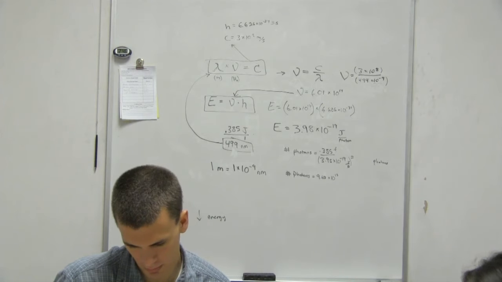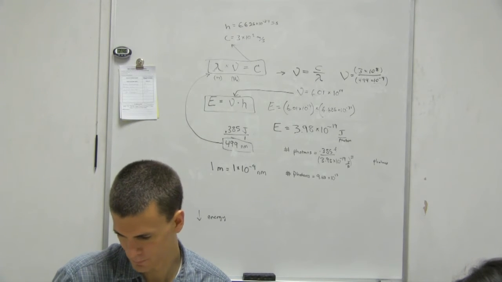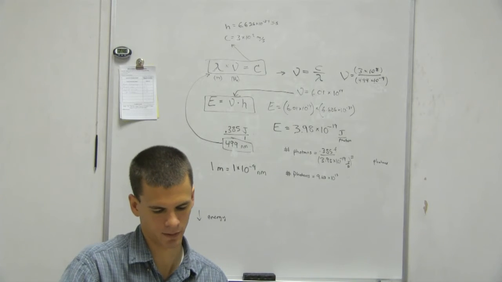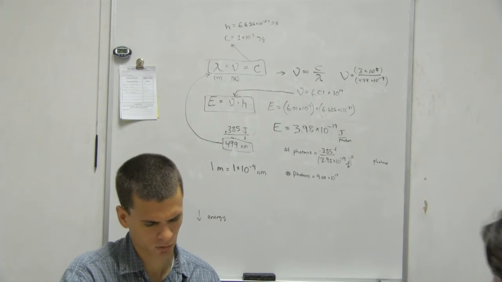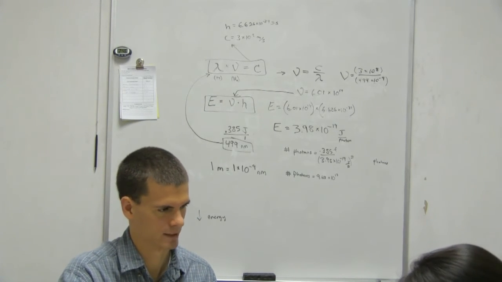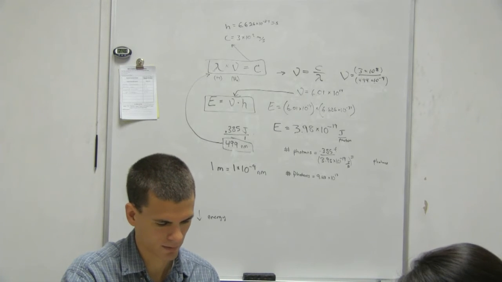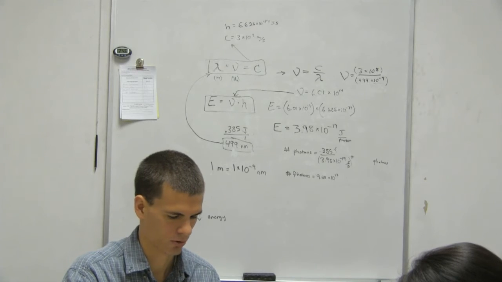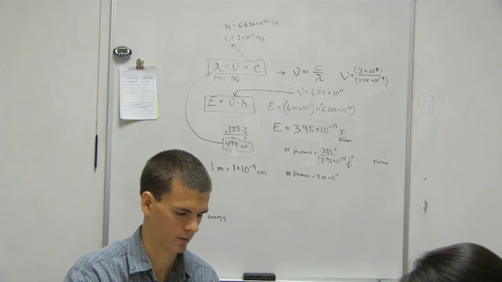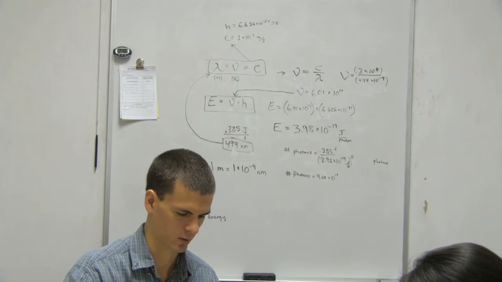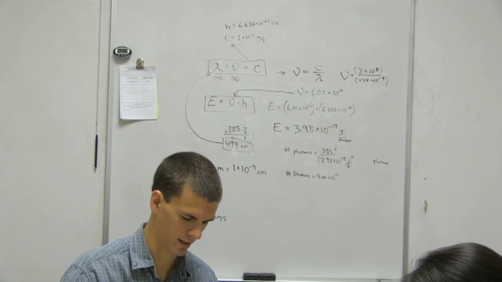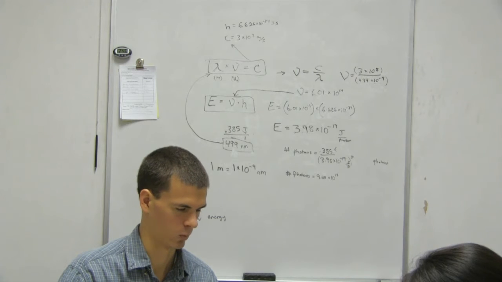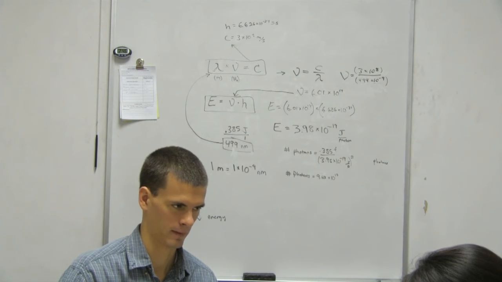It helps to look at this table right here, or this chart. So gamma rays have the most energy, and you'll notice they have the smallest wavelength. So the smaller the wavelength, the greater the energy. As the wavelength increases, so now the wavelength is really big, you have long radio waves, they have the weakest energy.